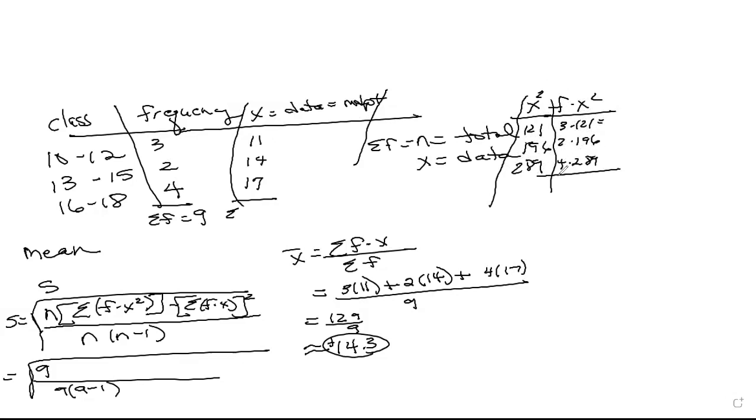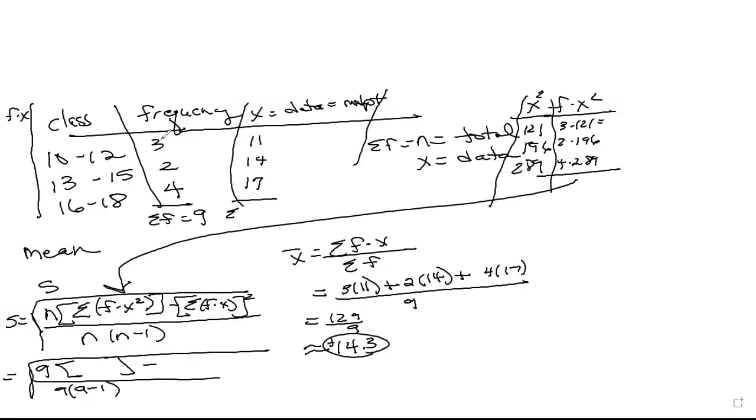And I would take all those answers and add them up, and that would go right there in that bracket. Now that's different than this one. On this one, I just do f times x. So I just do like 3 times 11 and 2 times 14 and 17 times 4.